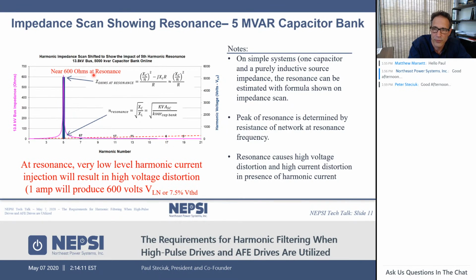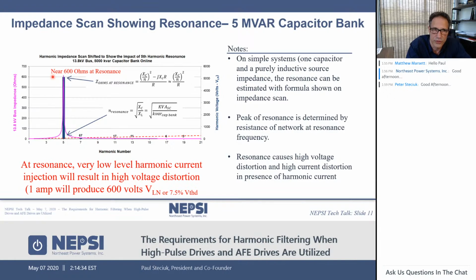So let's say, for example, I have a drive system and it produces 1 amp of harmonic current at the 5th. It would be 1 amp times 600 ohms, which is 600 volts. That would be my line to neutral harmonic voltage, and that will be represented in a VTHD of 7.5%. And this is already unacceptable.